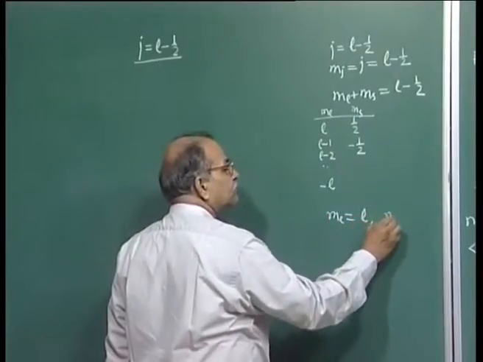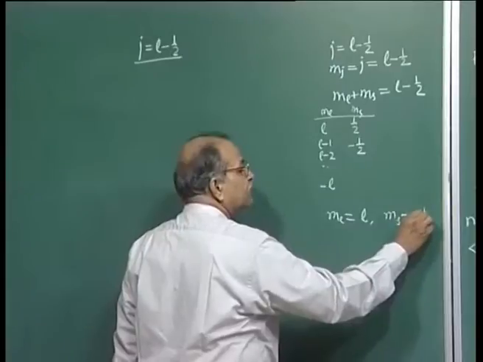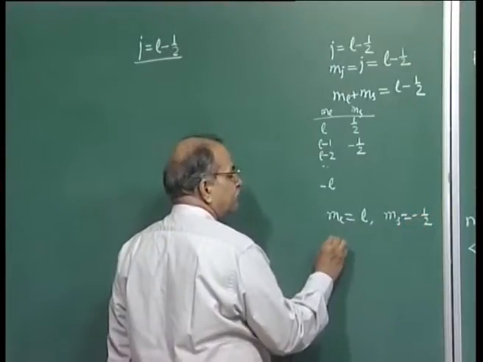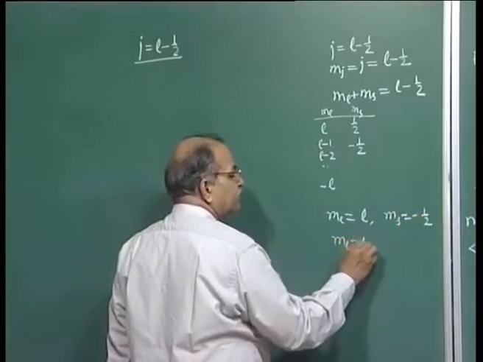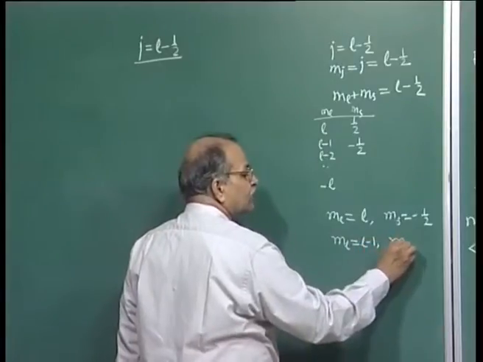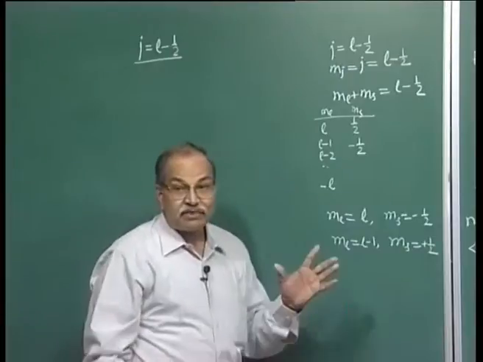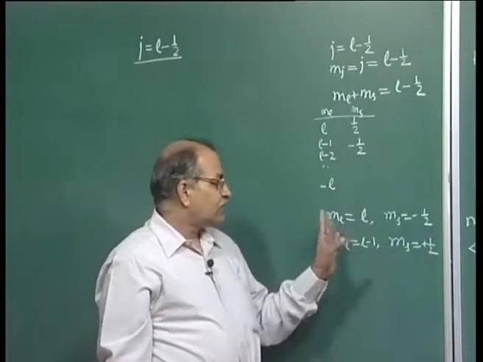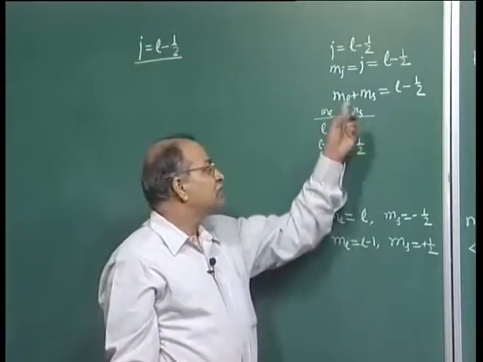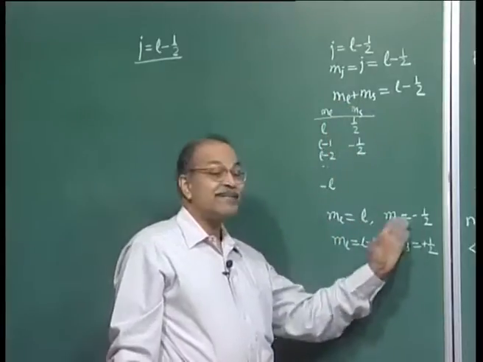Any other set possible? M l is equal to L minus 1, m s is equal to plus half. So, there are two possibilities, and since m l and m s are not definite, only m j is definite, both the states will be mixed up.